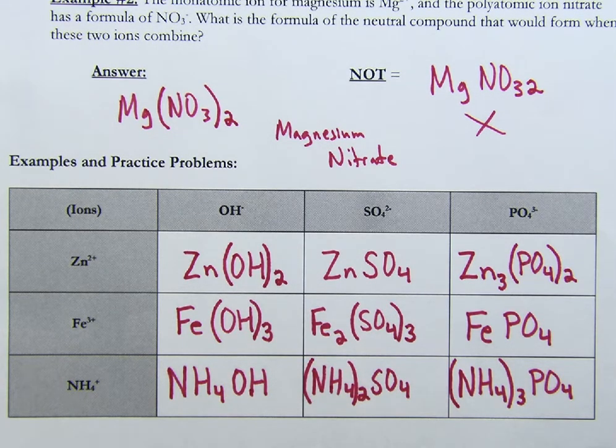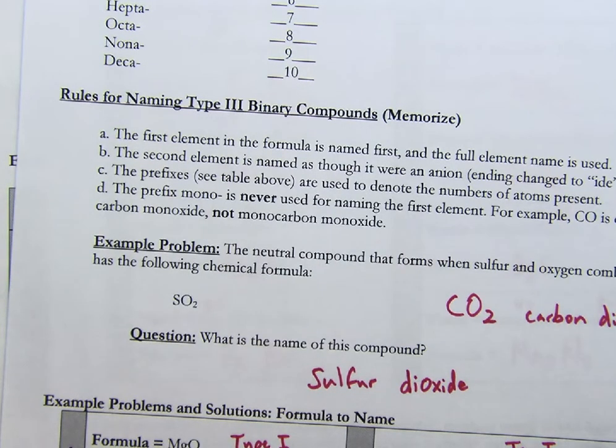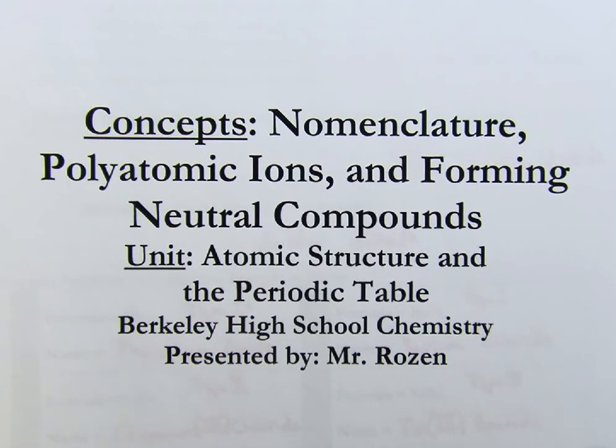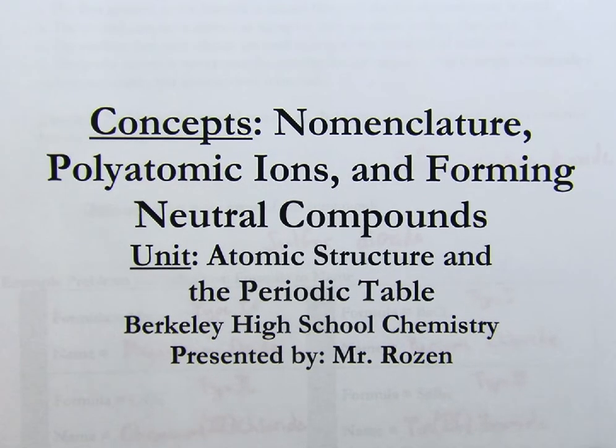We did type 1, type 2, and type 3 compounds, and of course, as you can imagine, practice makes perfect. Make sure you're studying the periodic table, the charges of the different groups on the periodic table, and practice forming neutral compounds. Go from the formula to the name, go from the name to the formula.